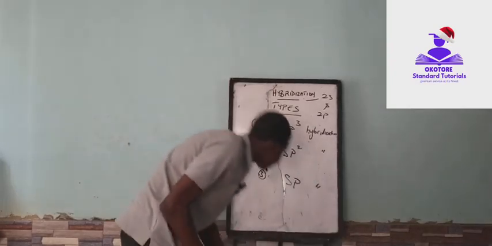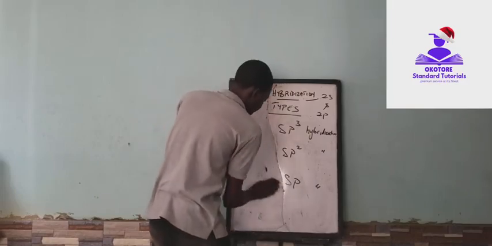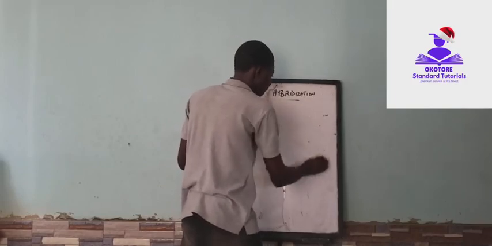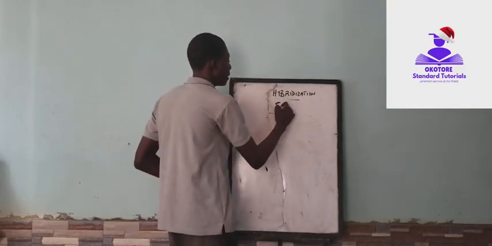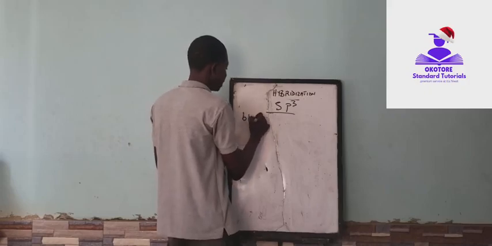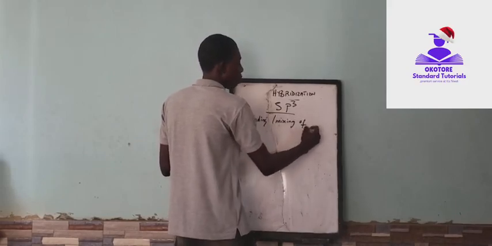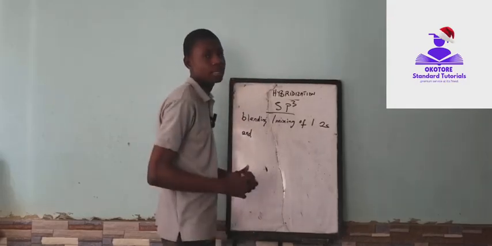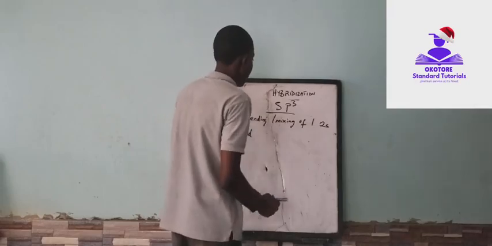So if we are to define sp3 hybridization, it is defined as the blending or mixing of what? 1 2s and what?